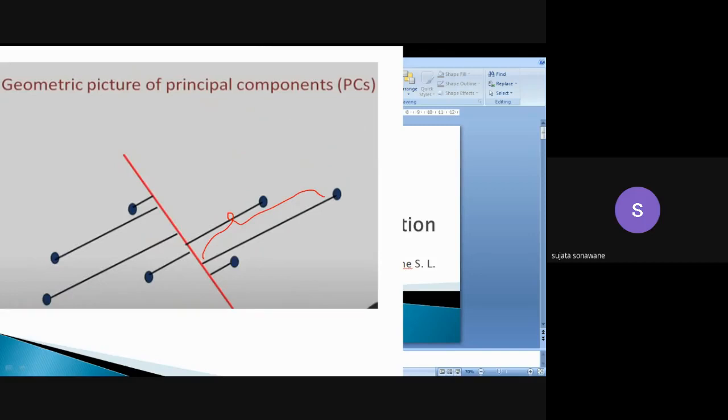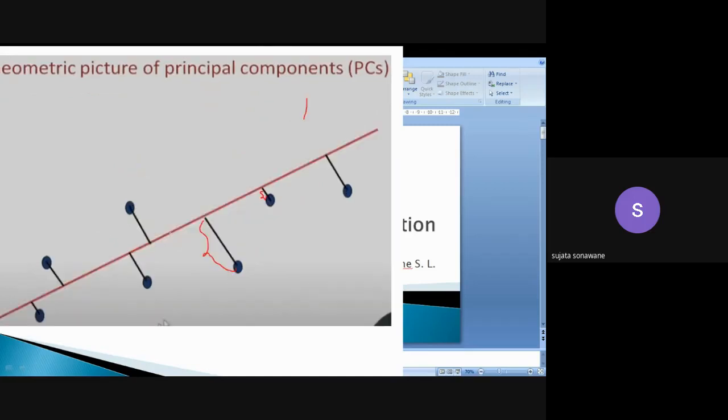So therefore we will prefer the second diagram. That's why we will prefer the second diagram. Within this second diagram there is a larger variation, and the distance between the axis and the point is the smaller one. So that's why we will go for the second diagram.